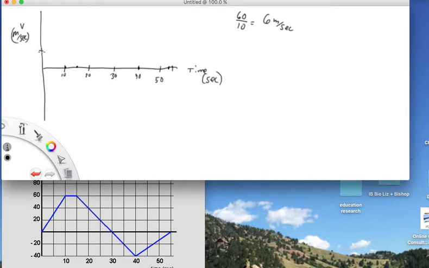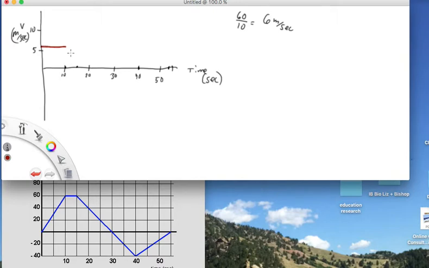So over here, I'll say that's 5 and that's 10. That means from the 0 time point to the 10 seconds, this object stays at the same 6 meters per second. So that's our velocity.